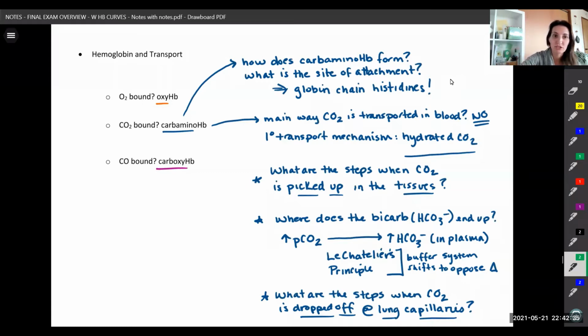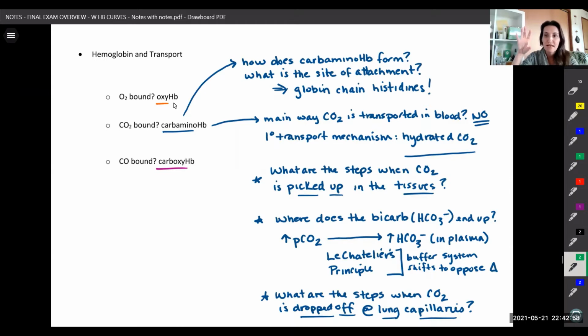So when oxygen is bound to hemoglobin, that oxygen binds to the iron ion in the heme, the Fe2+, ferrous iron. In that state, we refer to the hemoglobin with bound oxygen as oxyhemoglobin. When it releases that oxygen and is no longer carrying oxygen, we call it deoxyhemoglobin.